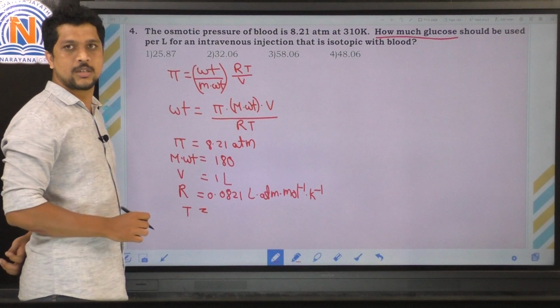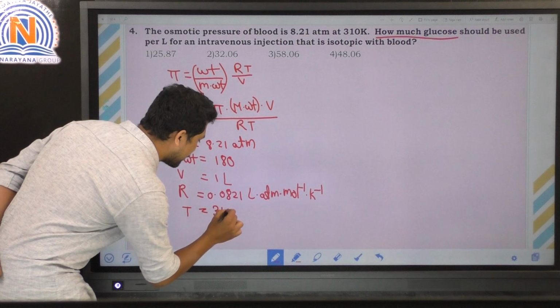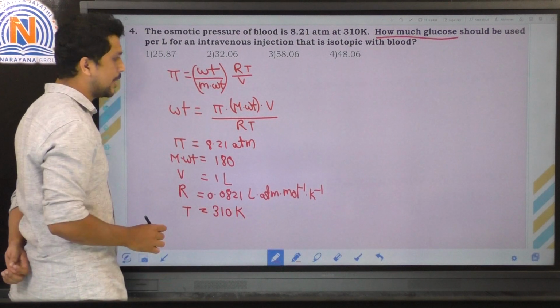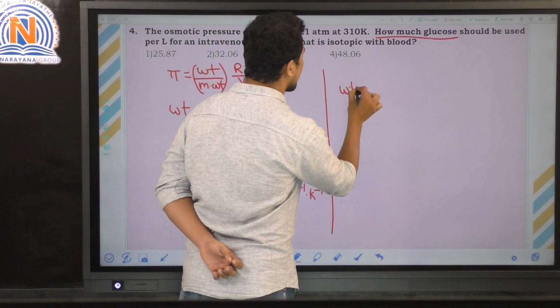How much temperature? Temperature they have given 310 Kelvin.